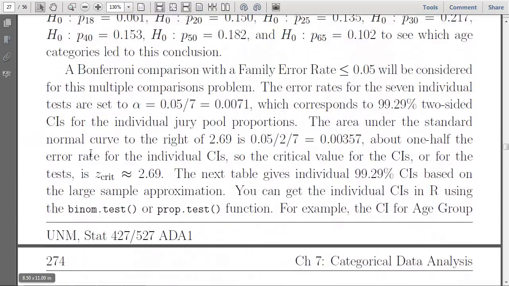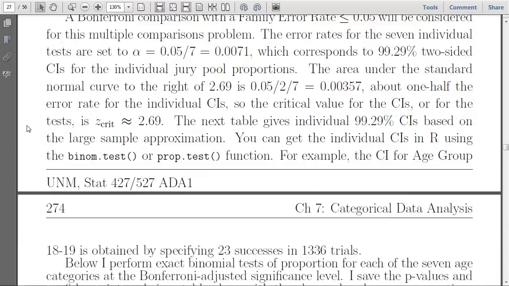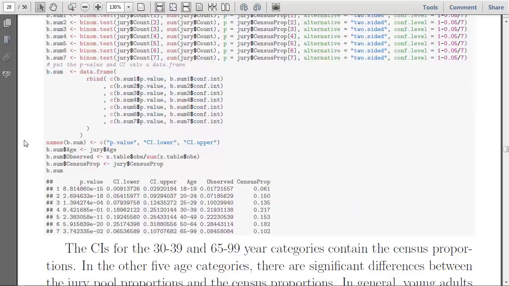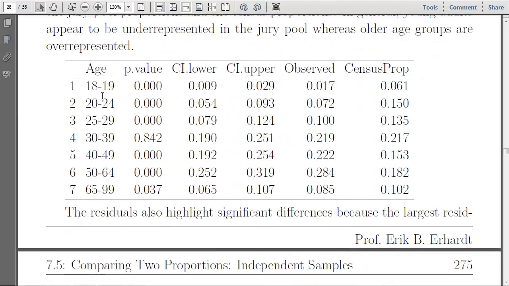We calculated what the new critical value would be for our 7 individual tests based on a Bonferroni correction of 0.07. We wrote one line of code for one of the categories and then copied it many times to do all categories. I put all the p-values together in a single table and outputted it in this table.